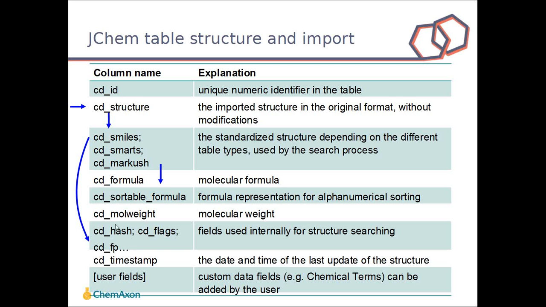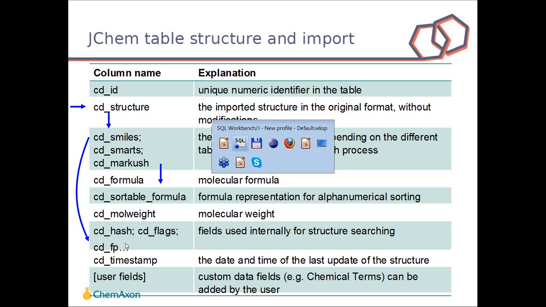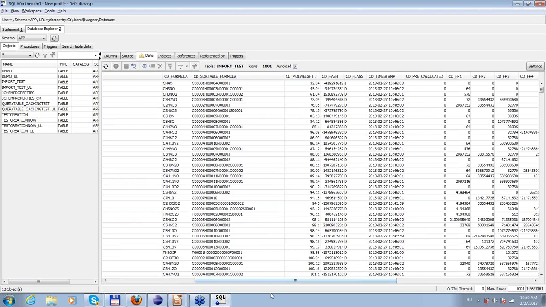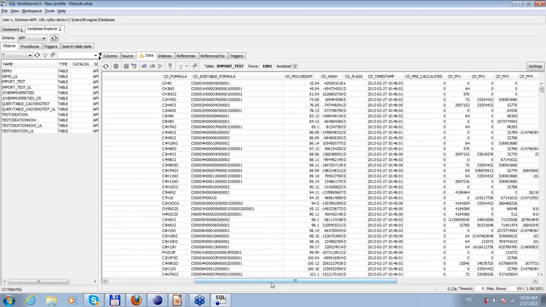And based on the standardized structures, we also calculate the CD hash, CD flex, and CD fingerprint. Hash and fingerprint are used for screening before searching, and CD flex contains various data about how the structure is represented in the CD SMILES field. You can find them here. This is the CD fingerprint, and this is the CD hash.